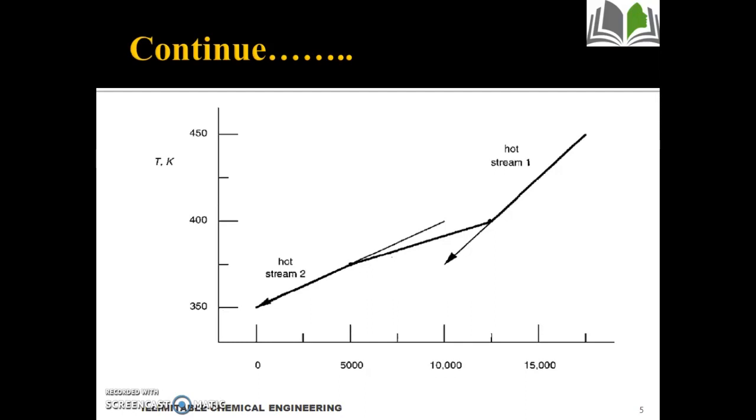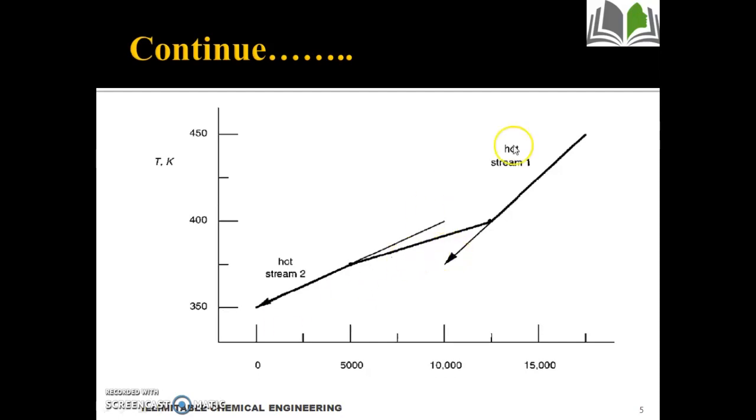It cools over a temperature range of 450 Kelvin to 375 Kelvin. So delta H will be FCp into delta T, so delta H is 7500 kilojoule per second, and the rightmost arrow shows this is hot stream 1.